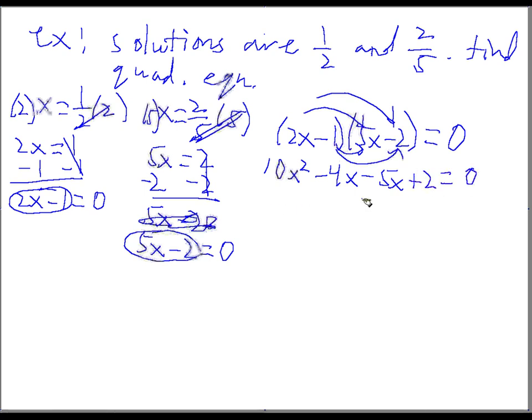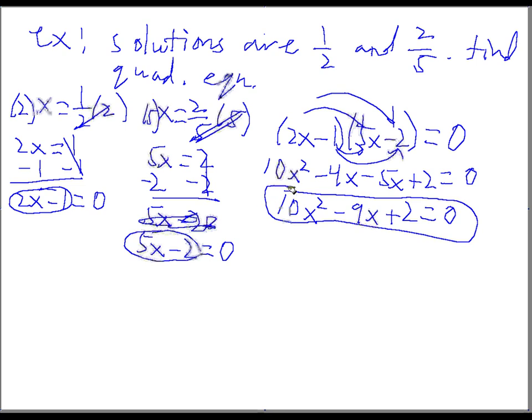So basically the quadratic equation that leads to these two solutions will be what? 10x squared minus 9x plus 2, equal to 0. So this is the quadratic equation that I have to solve to get these two numbers as my solutions. So again, with fractions, a little bit more tricky, but hopefully you can see the logic there.